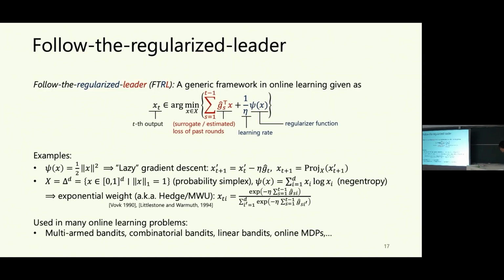And another important example is the exponential weights. If x is a probability simplex and psi is negative entropy, then this update leads to this one. And this is very widely used in the context of many online learning problems, including prediction with expert advice and other bandit problems.